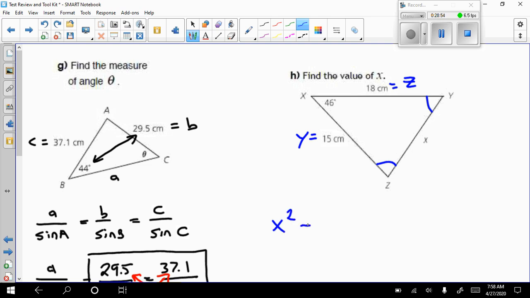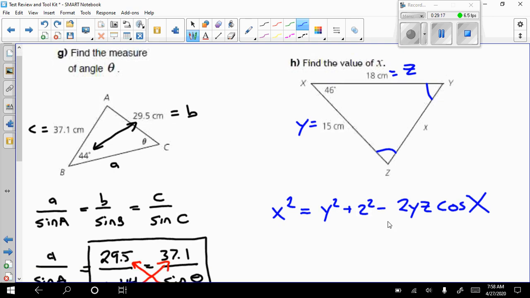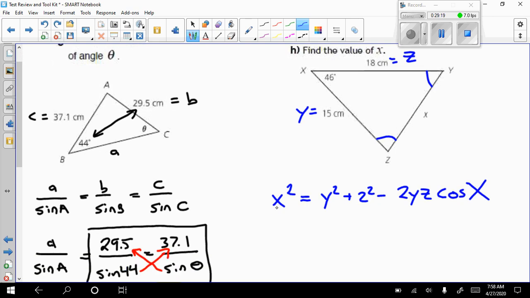Little x squared is equal to little y squared plus little z squared minus 2 little y little z cos of angle capital X. I know it's not using A's and B's and C's, but basically I'm just trying to show you that it doesn't really matter what the letter is, but notice that whatever side is here, the angle has to be here.